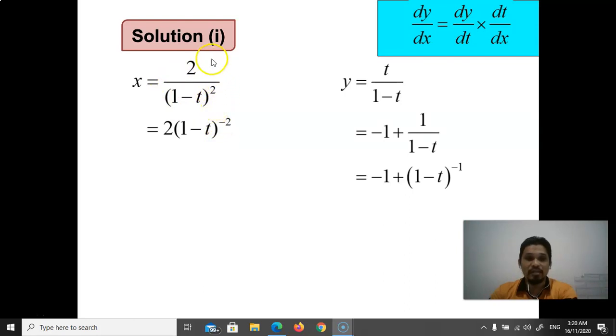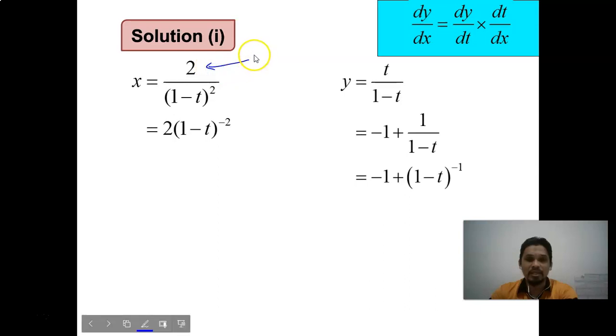To simplify this form of fraction, we bring the denominator above and it becomes to the power of negative 2, and y equals t divided by 1 minus t. So we simplify until here. This is the one that we're going to use, x equals 2 divided by this.